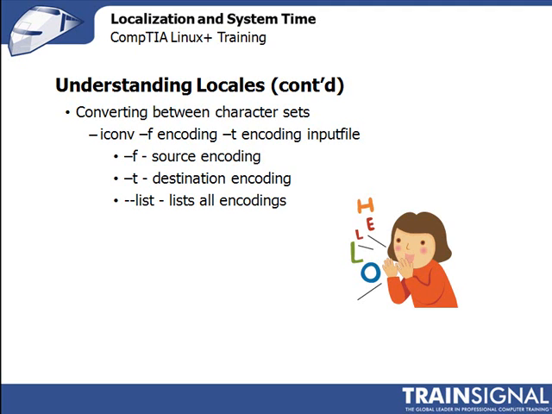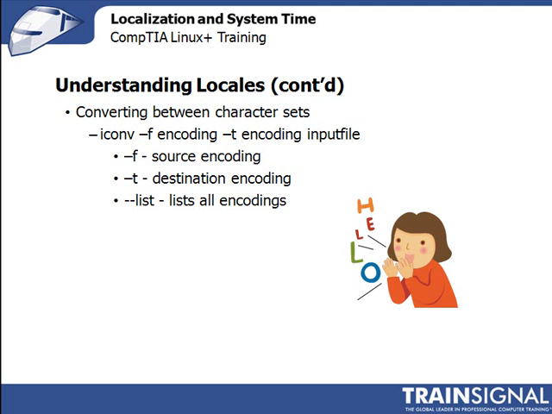The syntax is simply iconv -f followed by the encoding, -t followed by the encoding, and then the name of the input file. -f indicates the source encoding and -t indicates the destination encoding, or what you'd like to change it to. There's also a --list option which lists all of the encodings available.